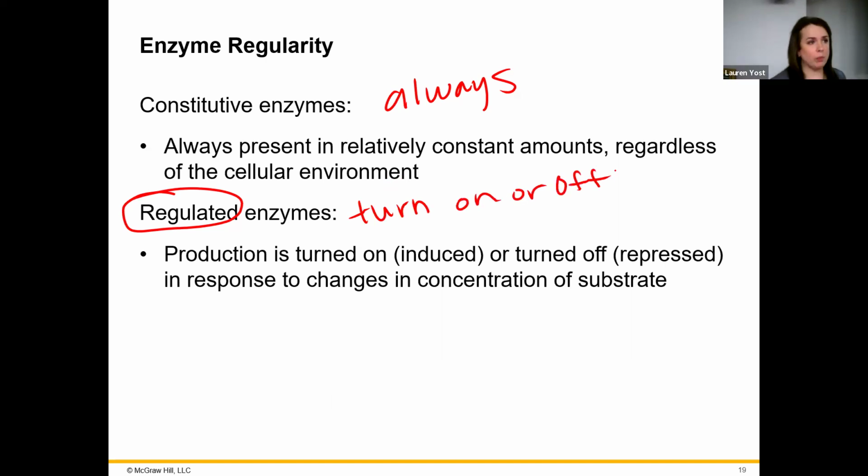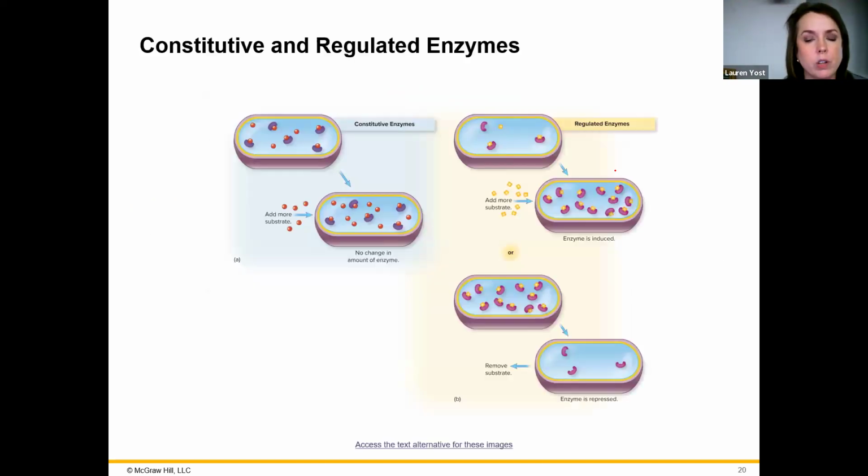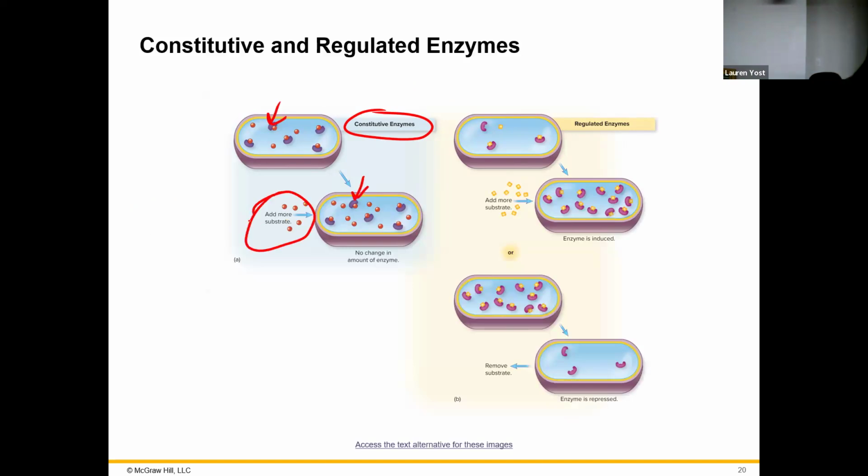And now here I am talking about the enzymes themselves. Can we also control this at the genetic level? Absolutely. But here we're talking about the enzymes themselves. So here we have a constitutive example. However many purples are there is however many purples are there. You can add as much substrate as you want. You ain't getting any change. That's just how many is there.